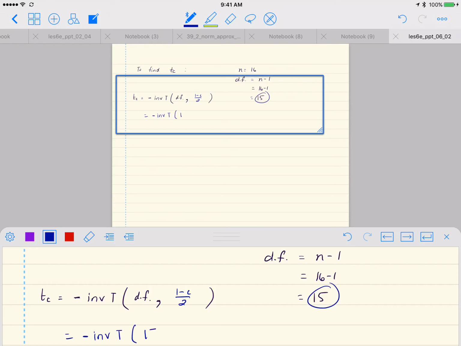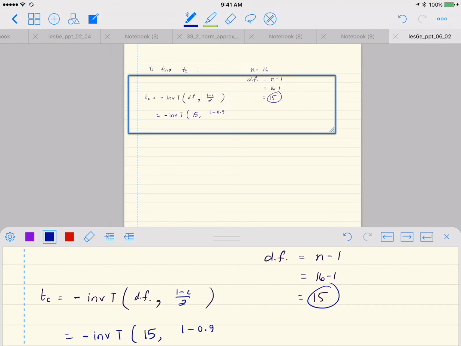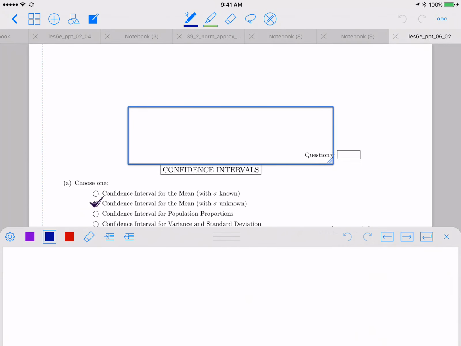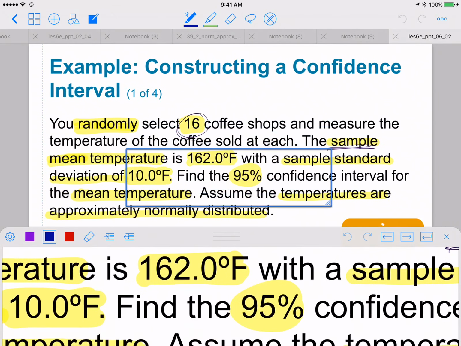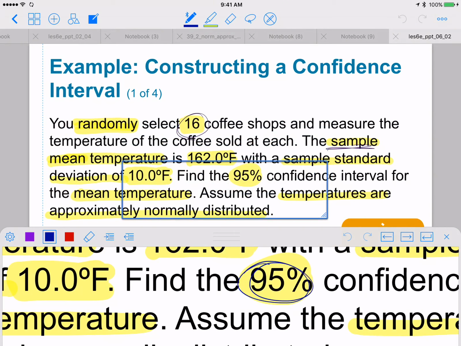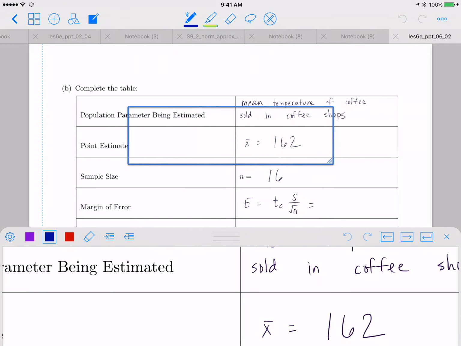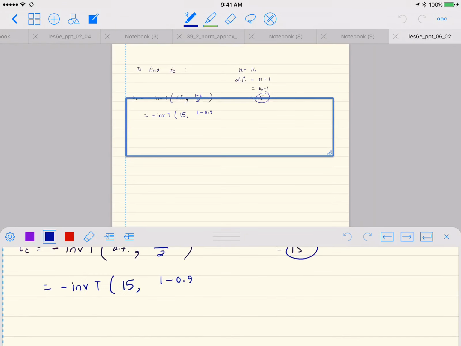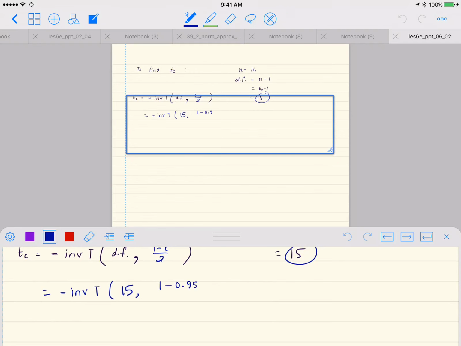1 minus C, so it's going to be 1 minus 0.95. Yes, 95 is our confidence level. So we need 1 minus 0.95 over 2, and that's going to be inverse T of 15, comma, 0.025.